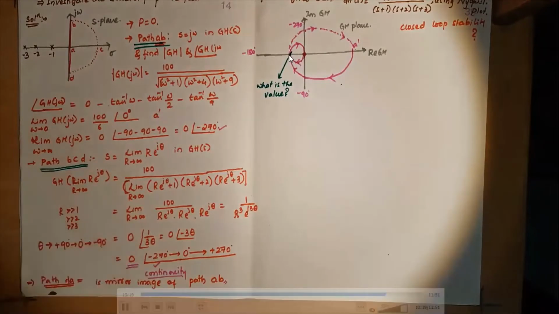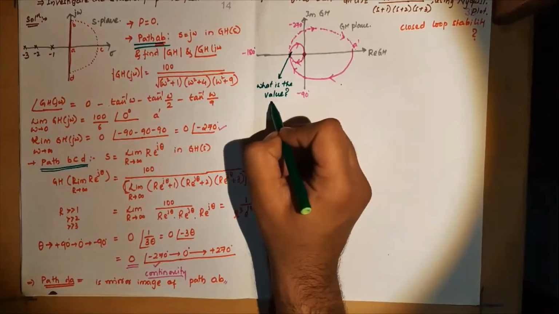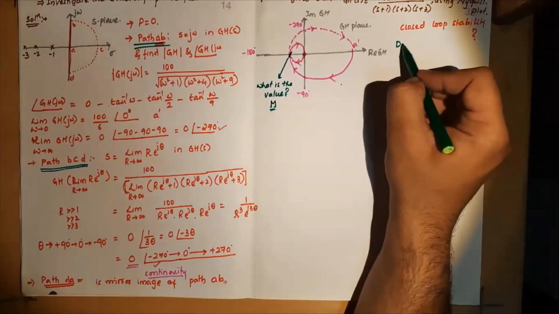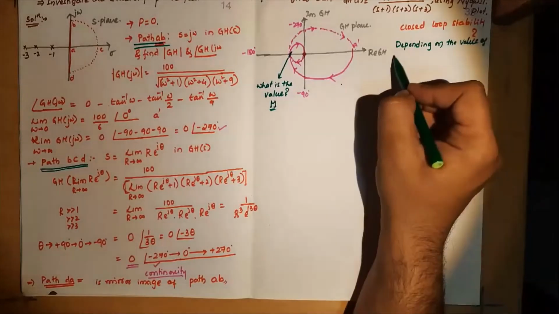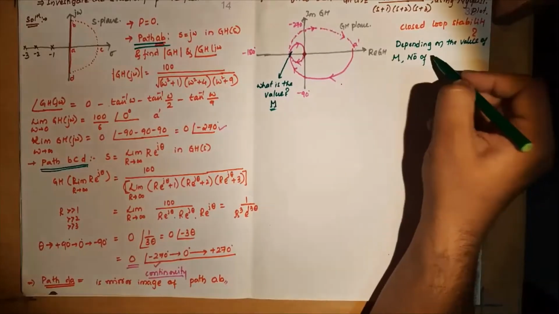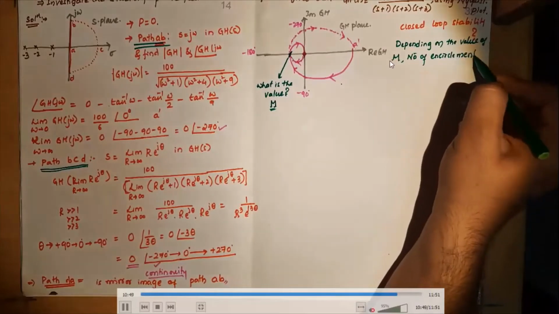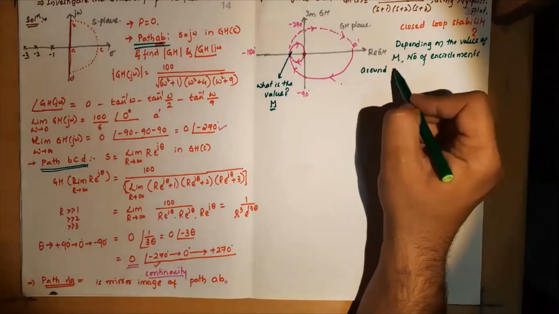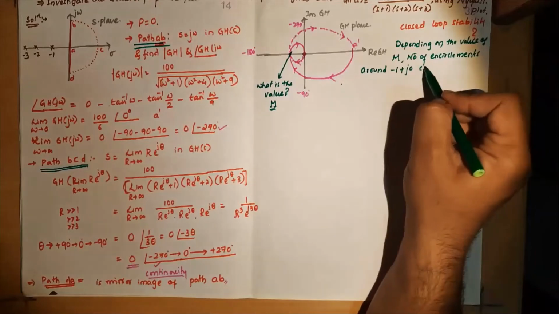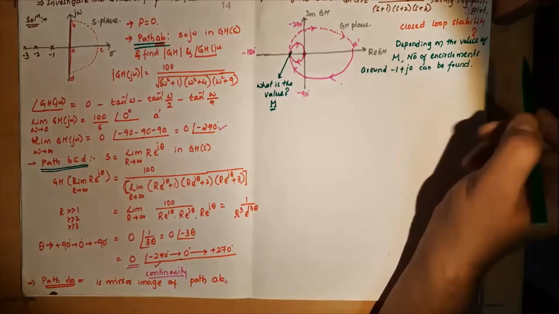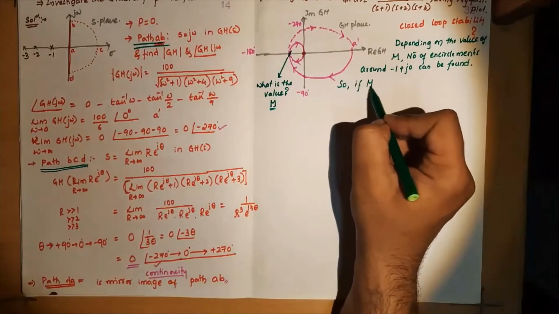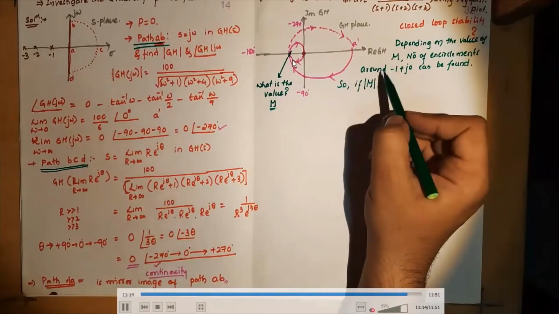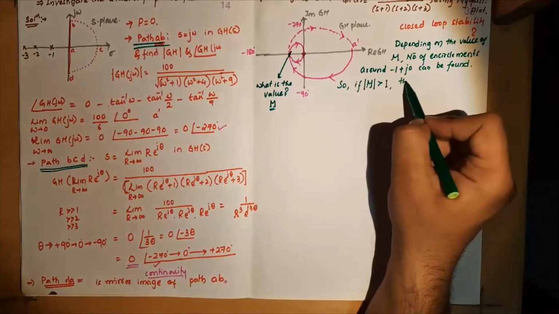If we know this value, then we can use the formula of the Nyquist criterion and comment on the stability. So let me call this point M, and depending on the magnitude of this M, the number of encirclements around minus 1 plus j0 can be found. So if we know M, then we can find the number of encirclements. So how? If the magnitude of this M is greater than 1.